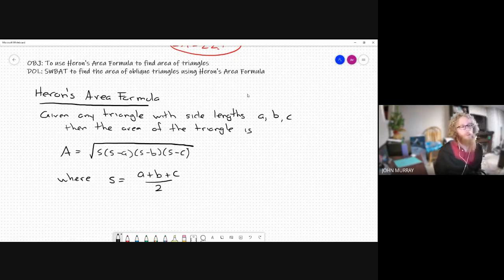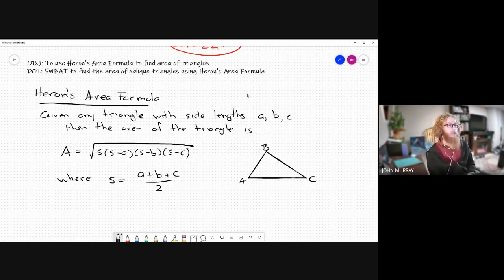Okay, so this is interesting. Here I can find the area of any triangle if all I know is the side lengths, using Heron's formula. Now, Heron's formula is the area is the square root of this number s here. And there's a name for that.